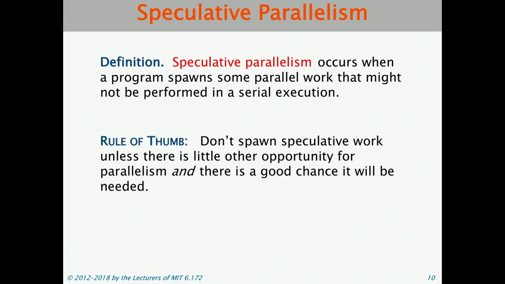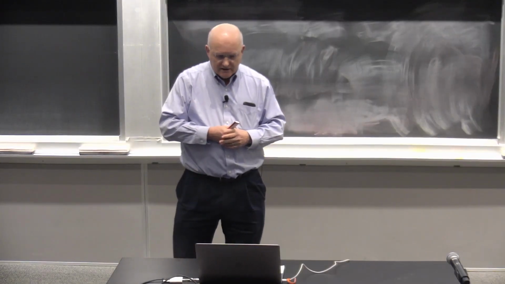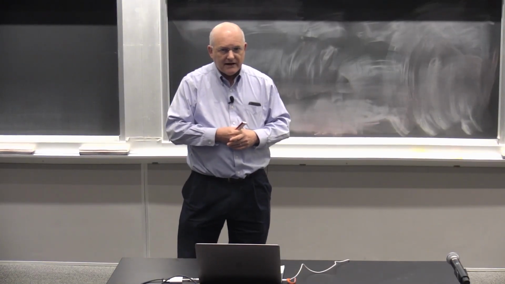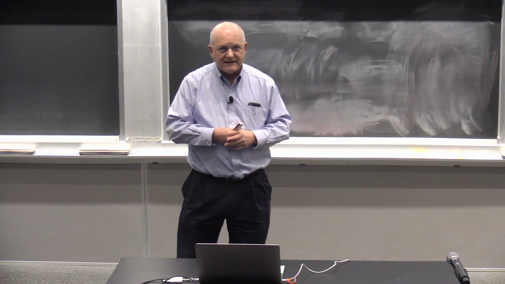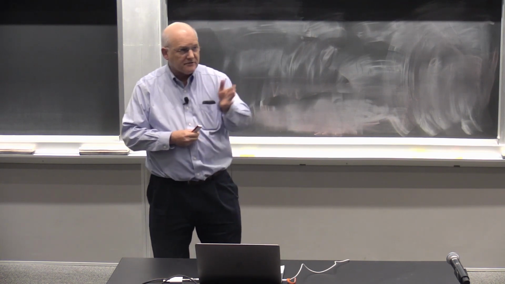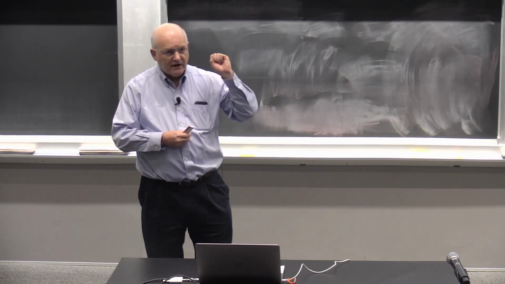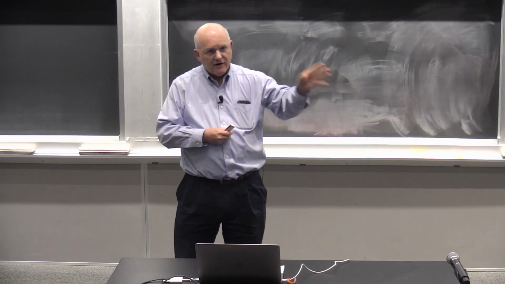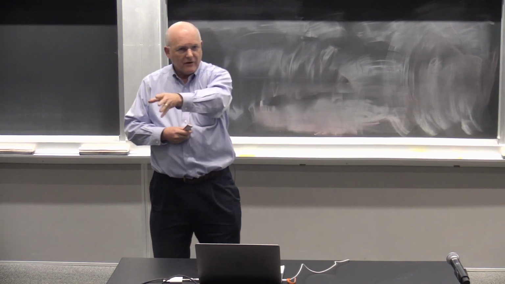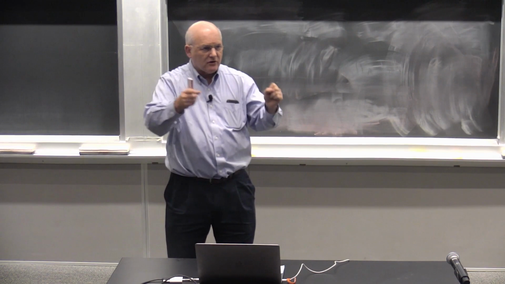One of the things I've seen in research papers, no less, is people who say, I have a calculation where I'm trying to find, say, the minimum of a bunch of values. And so I'm going to spawn off n things, each of which is looking for the minimum.